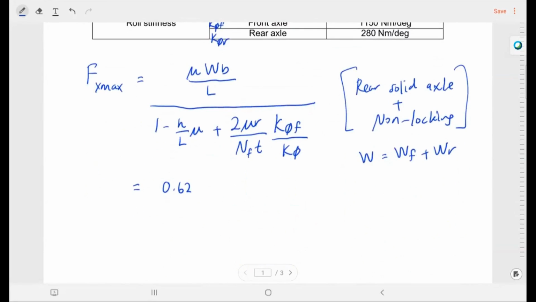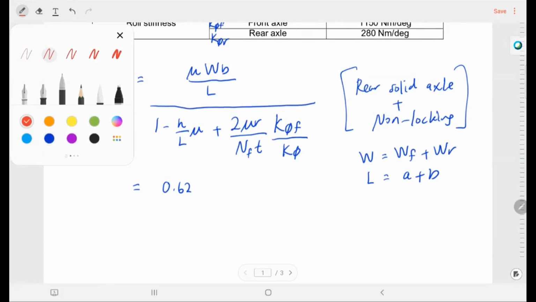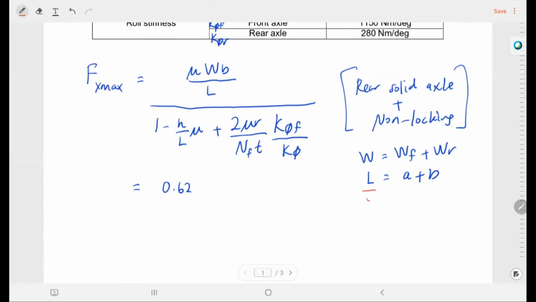B is the distance between CG to the rear axle. Biasanya wheelbase is A plus B. Okay, so sekarang ni B tak ada, A tak ada, L je ada. Dua ni tak ada. Kita nak buat.